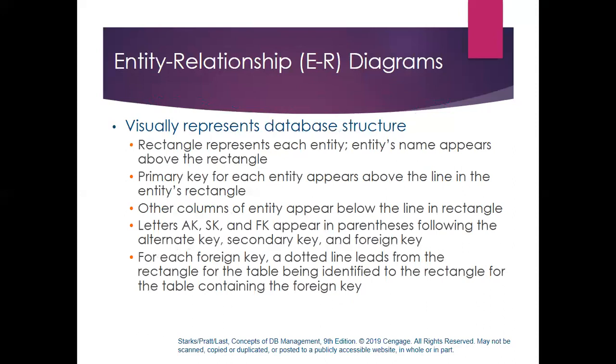Other columns of the entity appear below the line in the rectangle. The letters AK, SK, and FK appear in parentheses following the alternate key, secondary key, and foreign key. For each foreign key, there is a dotted line leading from the rectangle for the table being identified to the rectangle for the table containing the foreign key.